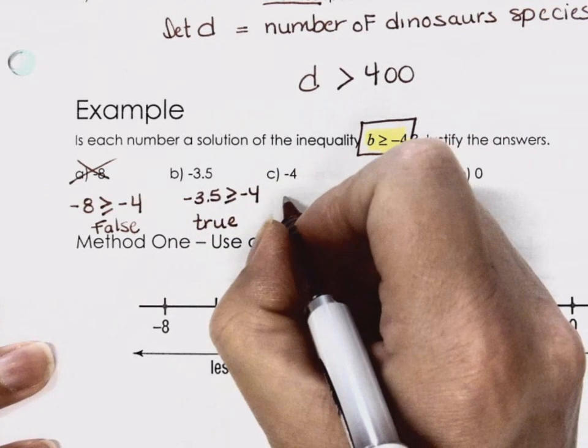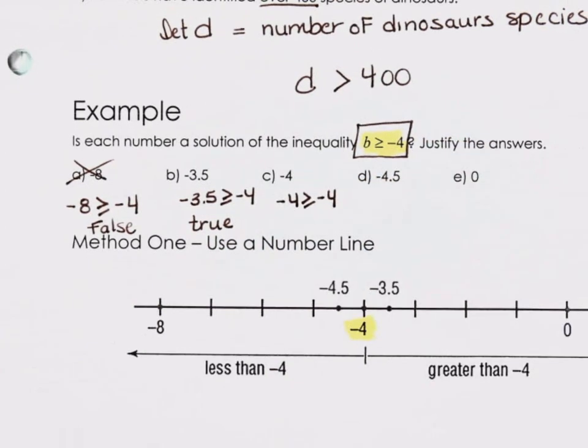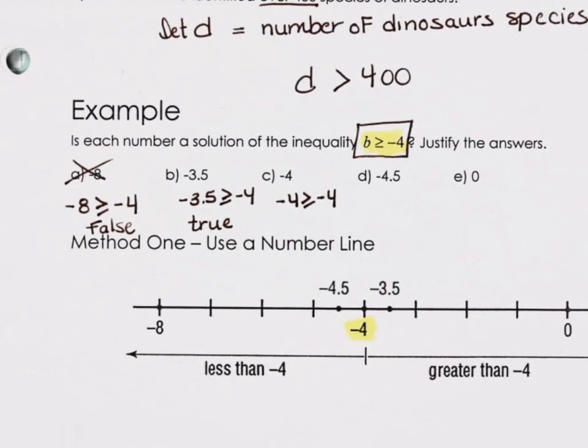All right. -4 is greater than or equal to -4. Is that true or false? It's a weird one, because definitely -4 is not greater than -4. But you have the equal to sign there.